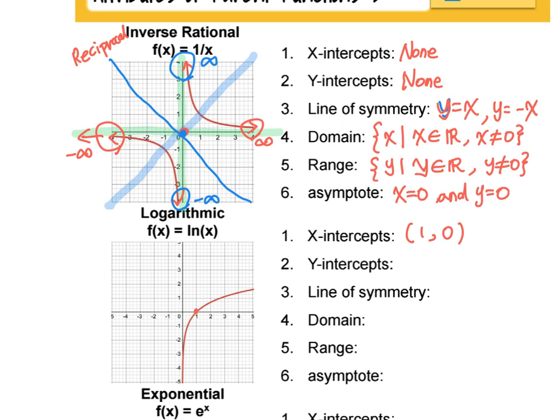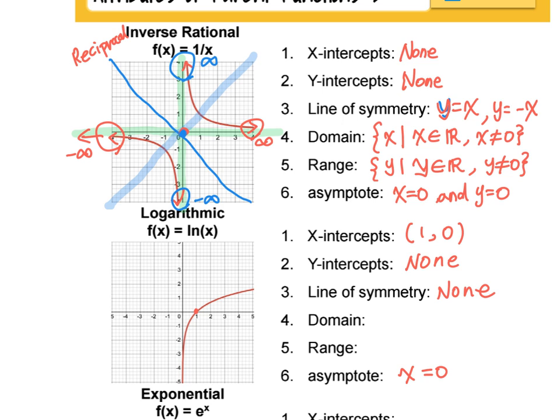What about the y-intercept? It looks like it passes through the y-axis, but it never passes through the y-axis. Why? Because that's the asymptote. The asymptote is x equals 0. And line of symmetry, we cannot find it.